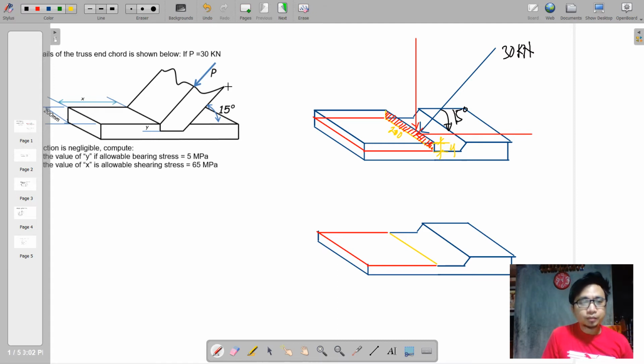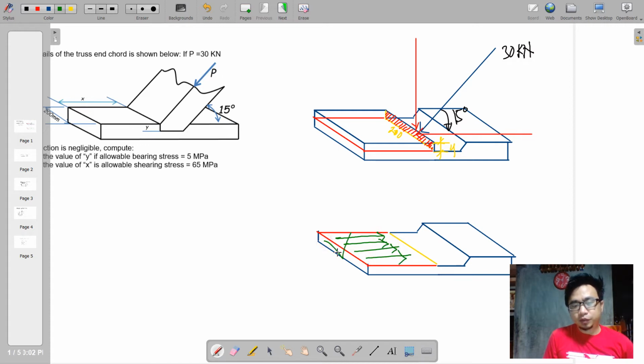And another one, this will tend to tear this horizontally also. The horizontal component of 30 will have a cutting effect on this particular section. As we can see here, this is already cut because of the shear resistance against the direction of your force.